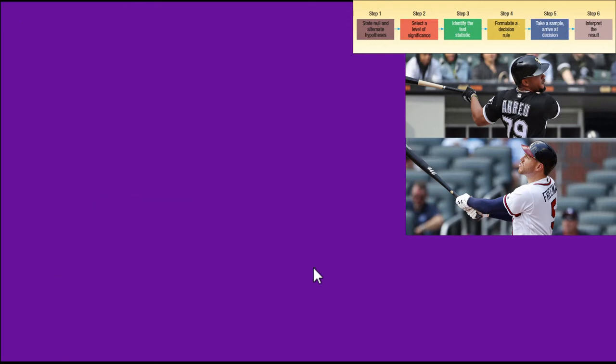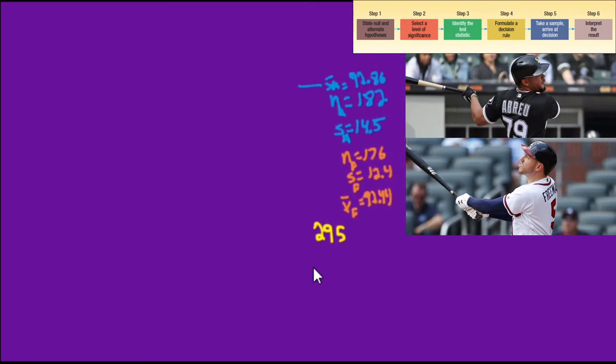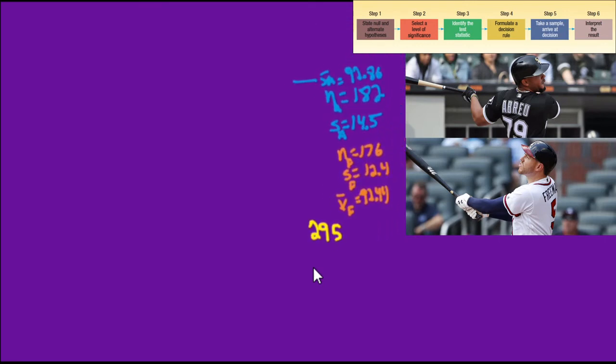Let me bring over a little info here. Apparently I'm bringing over the 0.295. And let's write this down. So the degrees of freedom is the following equation. Again, if this gets too illegible, it's obviously in your text.